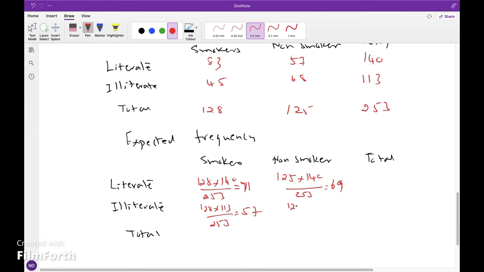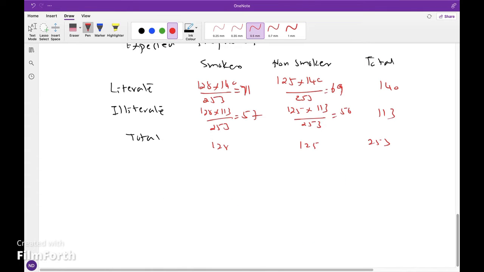And 125 into 113 by 253, that is equal to 56. Totals 140, 113, 128, 125 and 253. So O, E, O minus E, O minus E the whole square, O minus E the whole square by E, that's all.